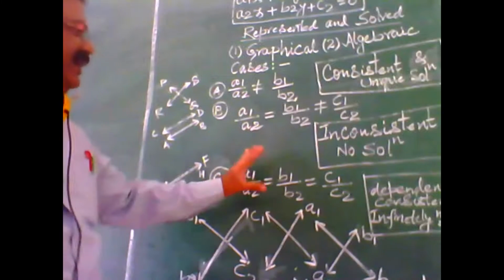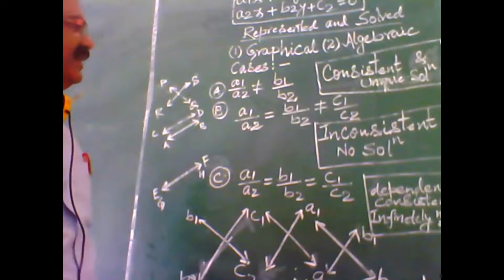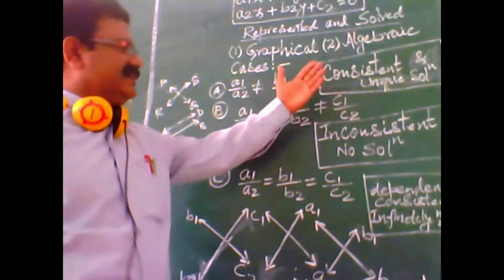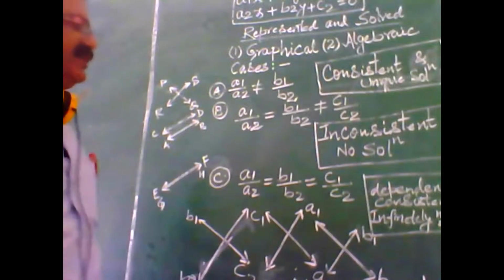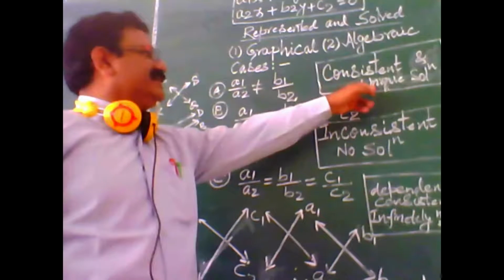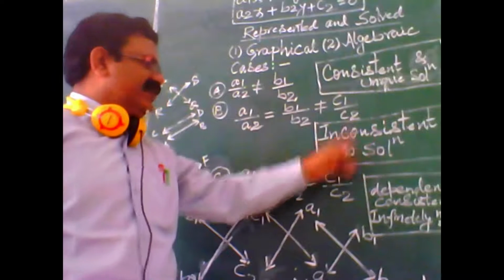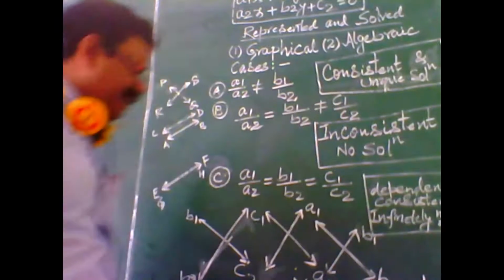By comparing and applying these 3 cases, very easily we can find whether the system is consistent, inconsistent, or dependent consistent. We can find that it has a unique solution, no solutions, or infinitely many solutions.